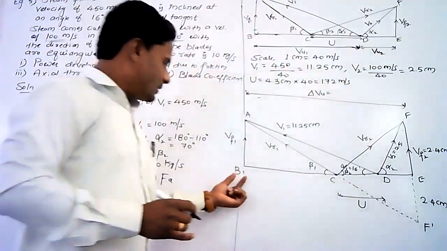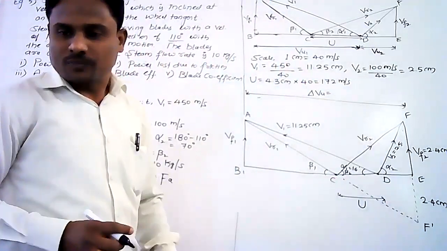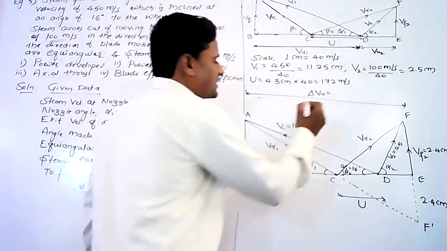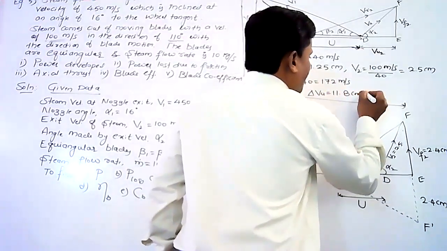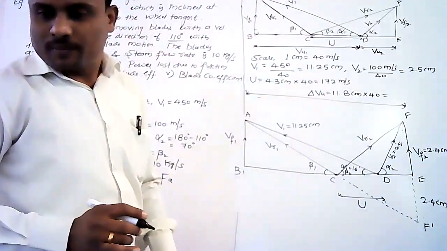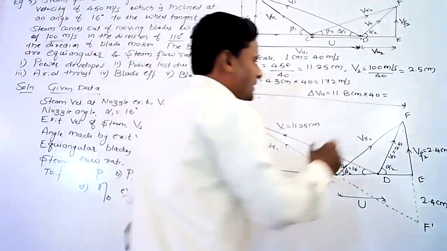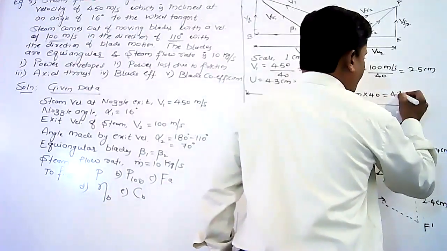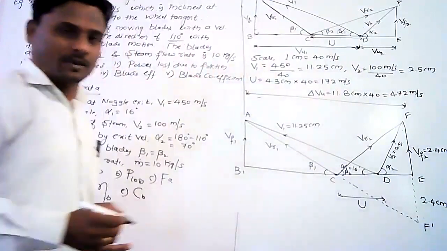Now the overall length from B to E, delta VU, equals 11.8 centimeters. Multiplying by the scale 40, 11.8 into 40 equals 472 meter per second. I hope this is clear.